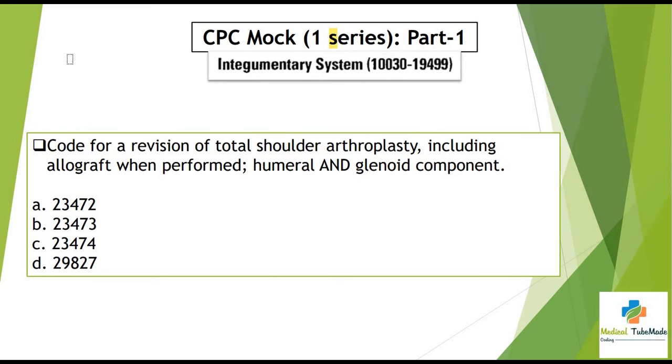First of all, we should focus on what procedure they have done: a revision of total shoulder arthroplasty, including allograft when performed, humeral and glenoid component. So we will check the CPT codes one by one.